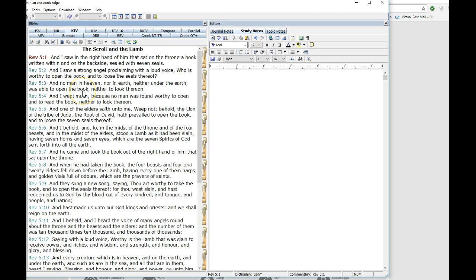And in chapter 5, he's going to start opening the scrolls, right? And he changes his language to fit that he's going to be judging the Jewish people as well, because he says he's the Lion of the tribe of Judah. The name he takes on for himself has to do with coming back for the Jewish nation.